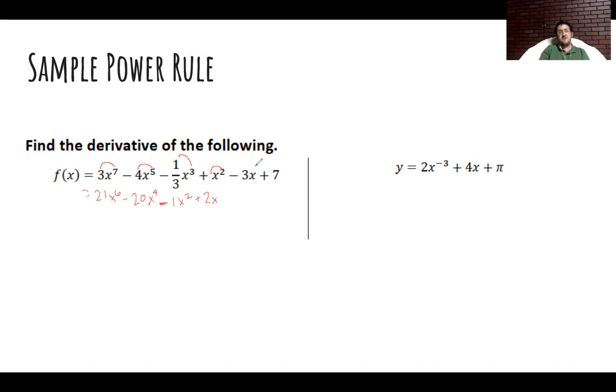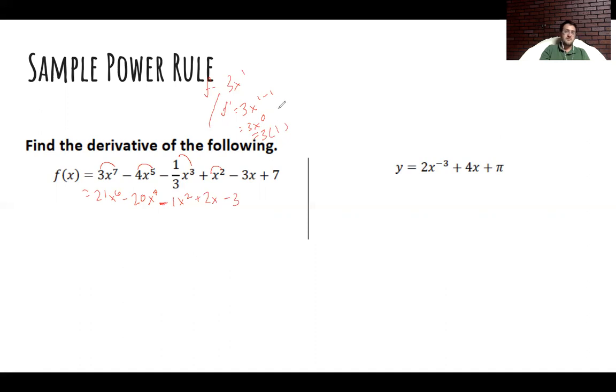And then the derivative of this is just going to be the constant. And the reason is, if our f is 3x, then our f prime would be 3x to the 1 minus 1, which is 3x to the 0, which is just 3 times 1.